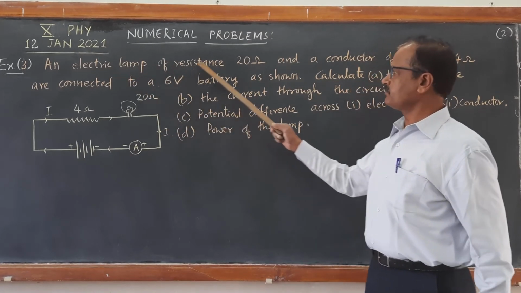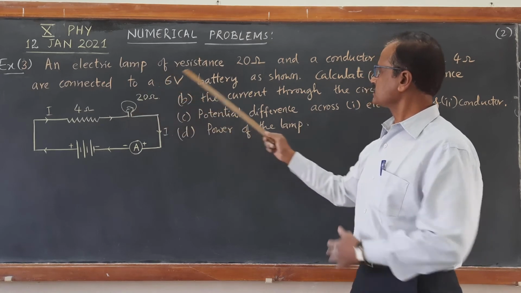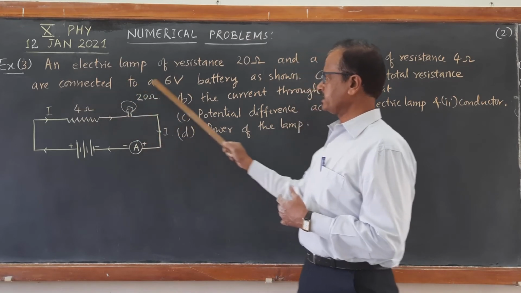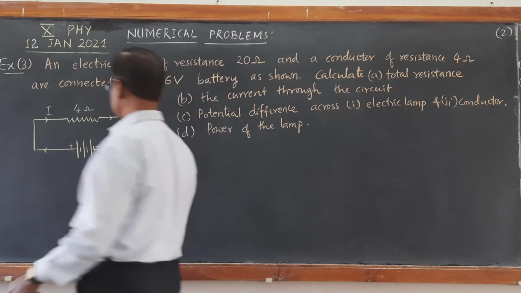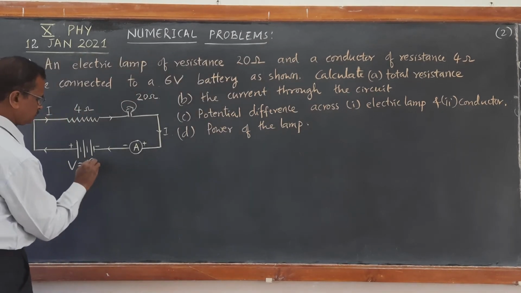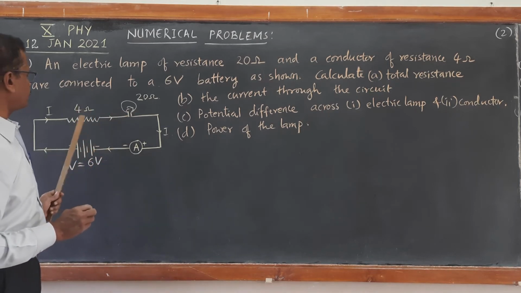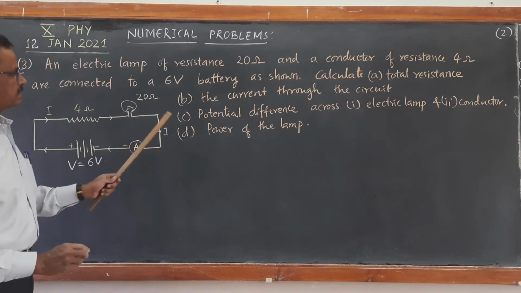An electric lamp of 20 ohm resistance, and a conductor of resistance 4 ohm, are connected to a 6 volt battery of EMF 6 volts as shown in the circuit diagram. Means they are connected in series. The 20 ohm bulb and 4 ohm conductor are connected in series. Across them, the 6 volt battery is connected.